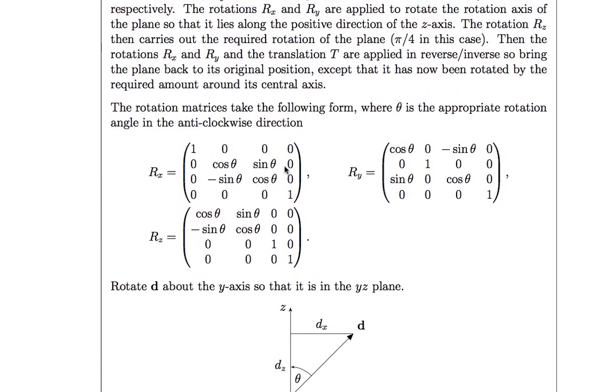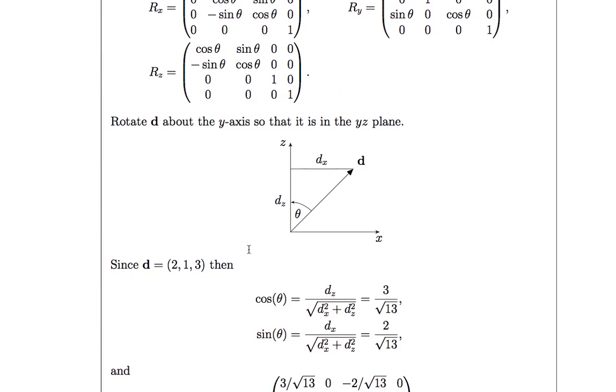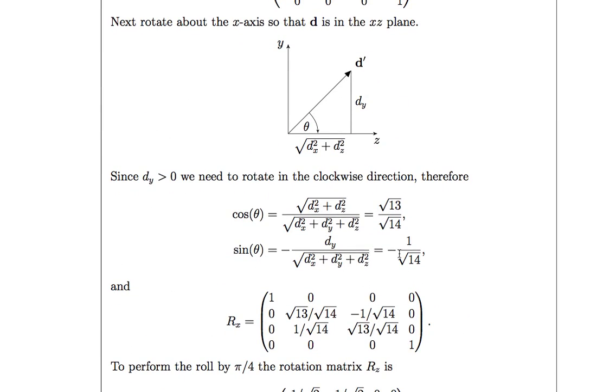So essentially, all of these rotation matrices assume an anti-clockwise rotation. The sine in the bottom left assumes anti-clockwise; if we put a negative there, it assumes clockwise. So that's why there's a negative there.